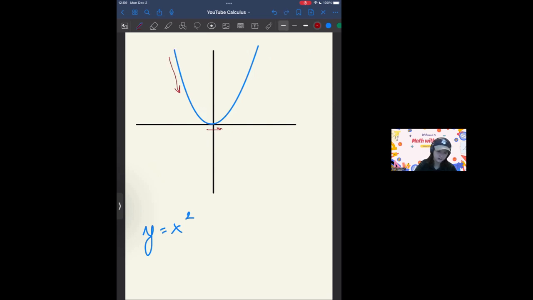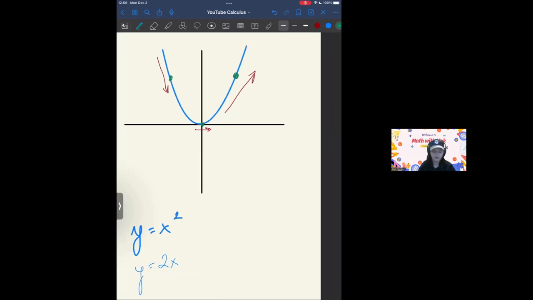Right here, you're kind of going flat. And here, you're going up. So the derivative of this function is 2x, but you're not necessarily having the same rate of change at each point on the line, right? Our rate of change at the origin is different than at here or here, right?